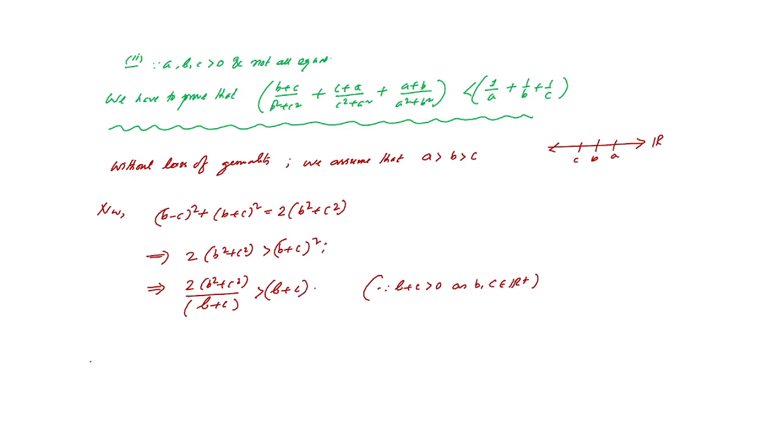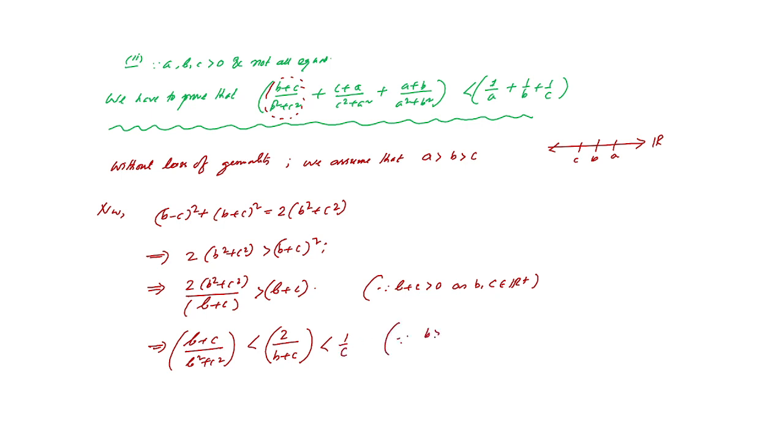In a similar way, from this we can write (B plus C) by (B square plus C square). So that means we are thinking about this term. This is less than 2 by B plus C. And that value must be less than 1 by C. Why?